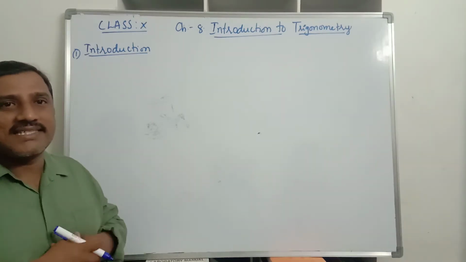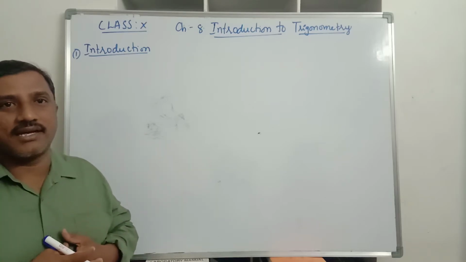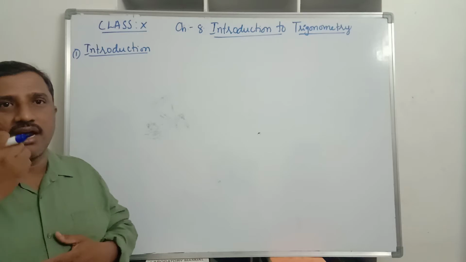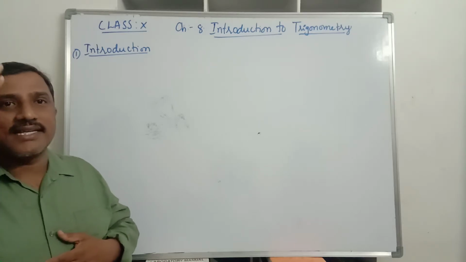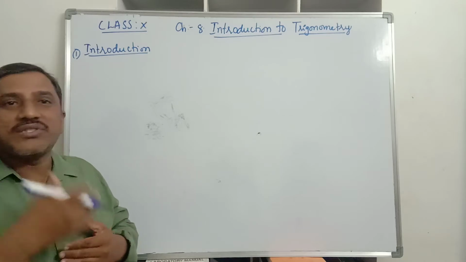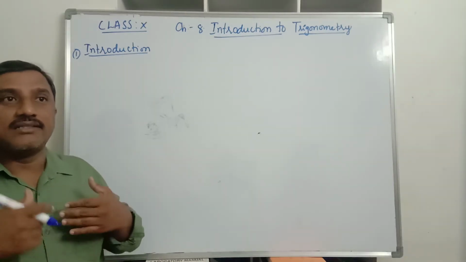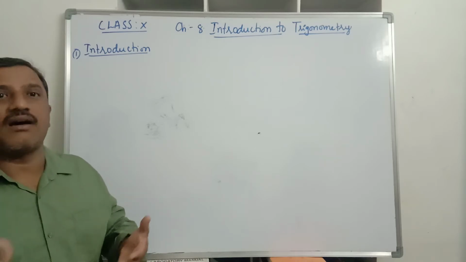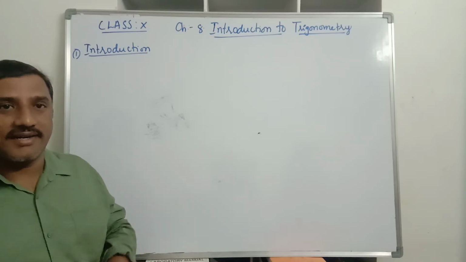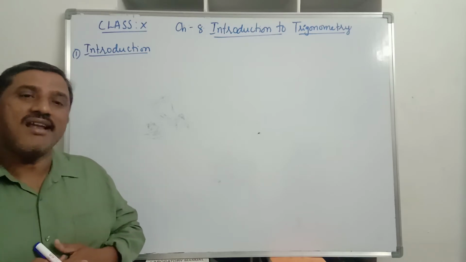In all these cases, even to find the height of Mount Everest, we will see the top of the Everest and imagine that a right angle triangle is formed, and by using that right angle triangle we will find the heights, distances, widths or depths. So we use the concept of the right angle triangle.